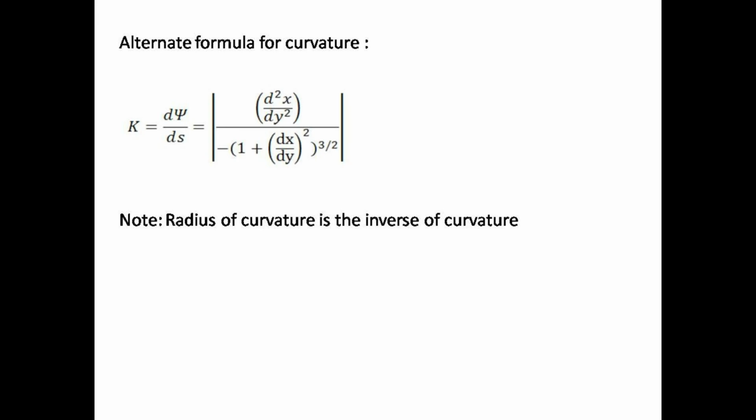The numerator has been replaced by d square x over dy square, whereas earlier it was d square y over dx square. Similarly, in the denominator the term (dy by dx) whole square has been replaced by (dx over dy) whole square. Here is an exercise for you viewers to prove this formula.